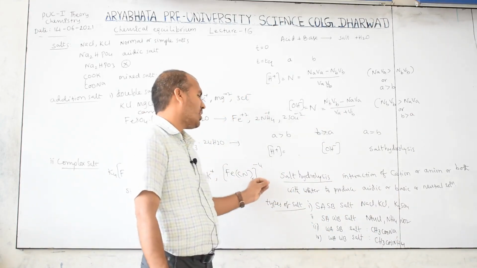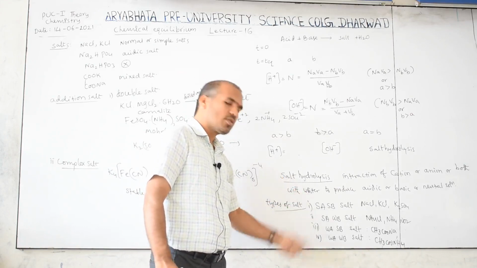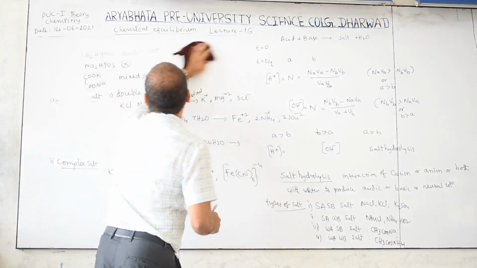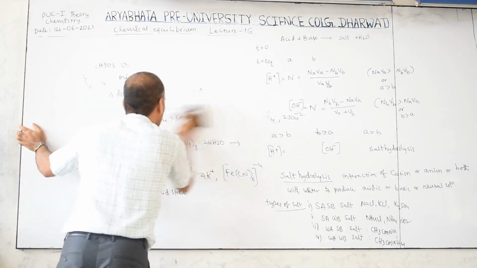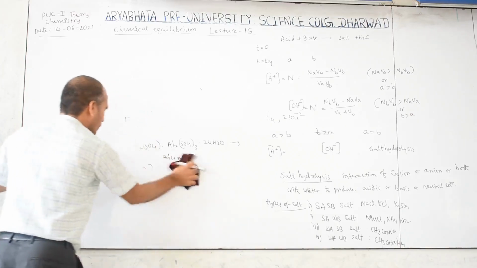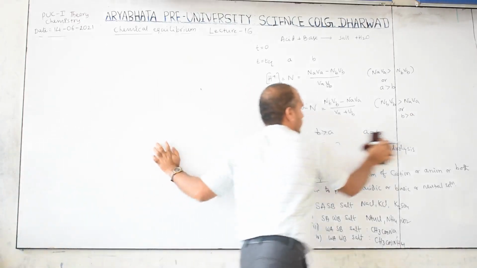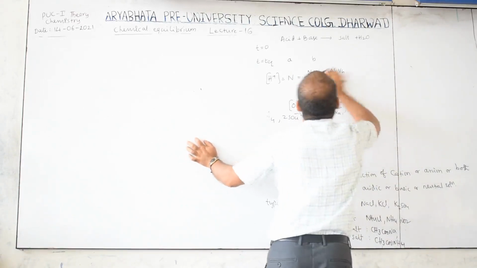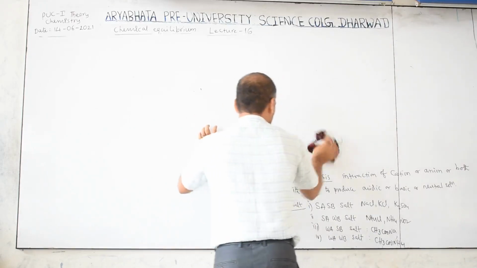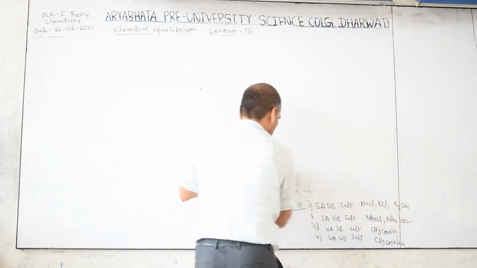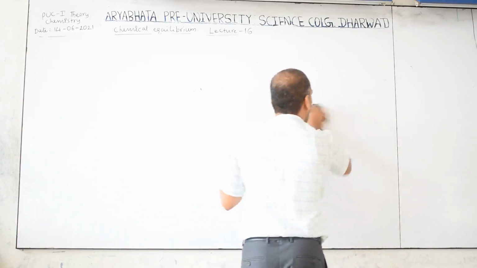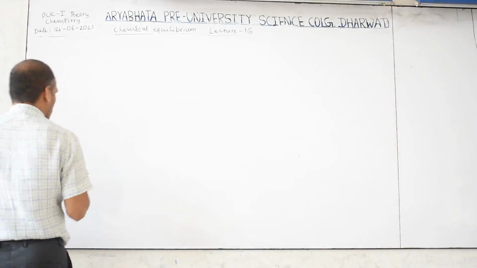So now we have to discuss the salt hydrolysis of these four salts. Total four salts are there.